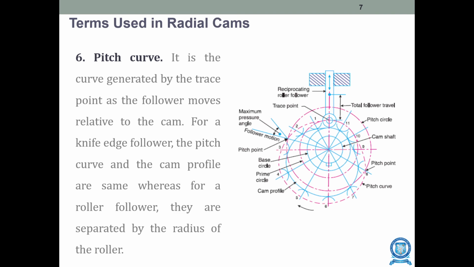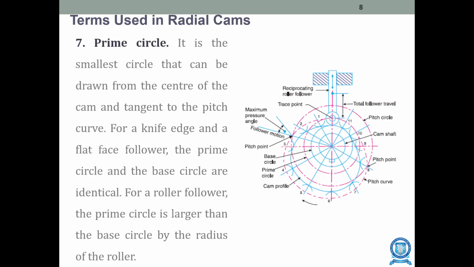Next one is a prime circle. The prime circle is the smallest circle that can be drawn from the center of the cam and tangent to the pitch curve. For a knife edge and a flat face follower, the prime circle and the base circle are identical.